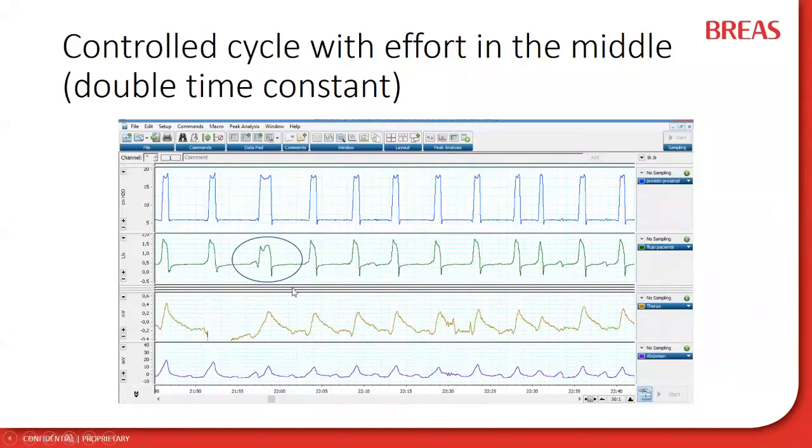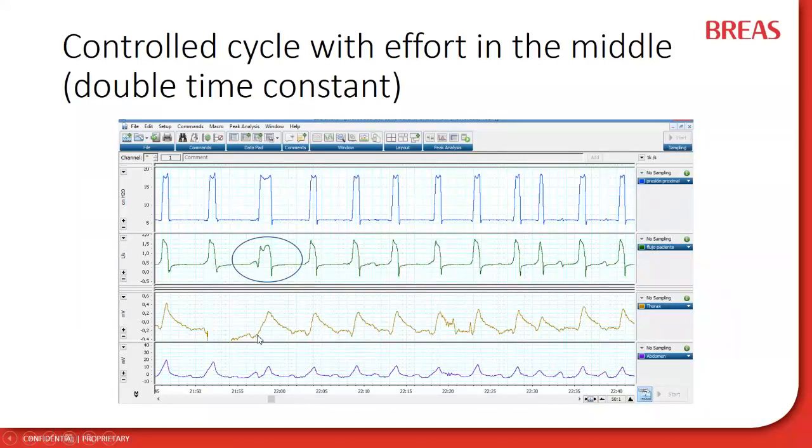This is another example. You can see that almost all of the cycles present a descending slope that could be considered homogeneous, but in this one, we have a double time constant. What happens here? The patient is starting the effort. This is the thoracic and abdominal belt.